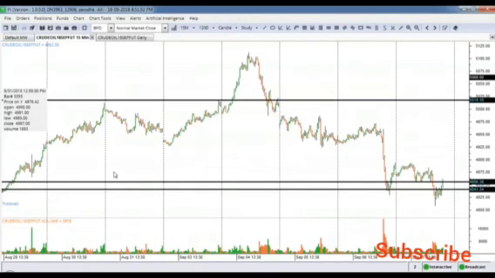Yes. Okay, so this is a level formation if you look at it. Now it will either try to go up or will try to go down, right? So when the level formation has happened, which side is it trying to break?